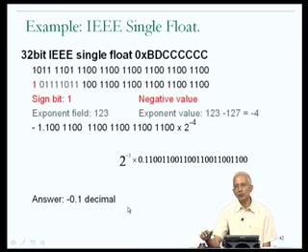Okay. So I'm suggesting to you that it is possible for you to look at the IEEE floating point representation of a value inside a program of yours. And if you think about this a little bit, it may not be that difficult. Let's suppose that you have a program in which you have a variable declared as a float, which means that it's going to be represented using the IEEE single precision floating point representation.